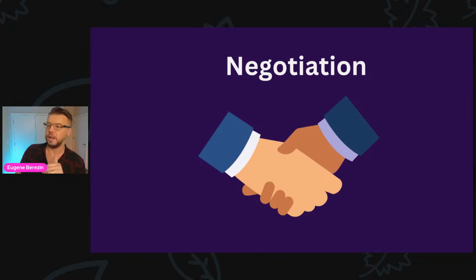Negotiation is another skill like that. It's really important to have, especially when it comes to different features in design and in implementation. So you have to provide honest and realistic estimates of what people can actually expect from your work.